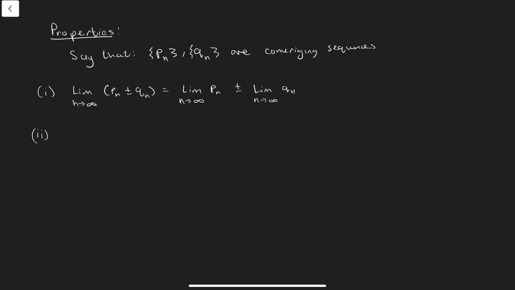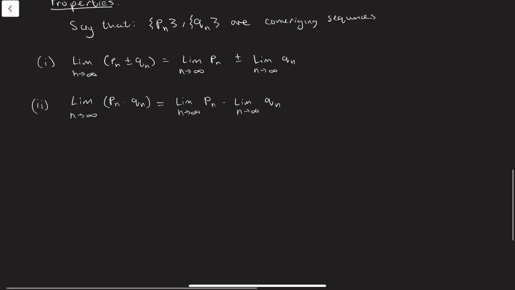Great. So the second rule is that if we have the limit as n approaches infinity of P of n times Q of n multiplied together, well, that's just equal to the product of the limits individually, the limit of P of n times the limit of Q of n as n approaches infinity.